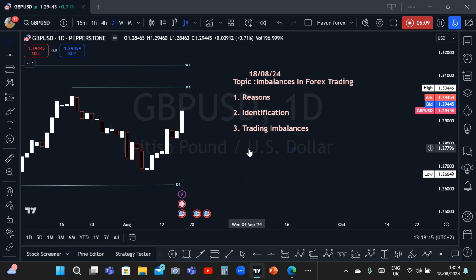If the news release will affect price to move bearish or bullish, they will place their order according to the news release. At that point, you will see a very high volume of orders that will enter into the market, and that will cause imbalance or disparity between the buyers and the sellers.